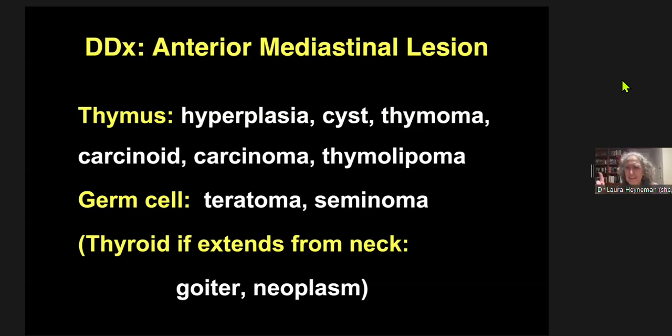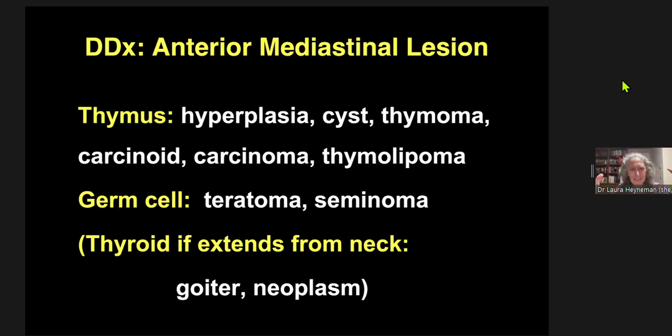I think just a little shout out. I think a lot of people think of the T's for the anterior mediastinal lesion differential. And in that T, it's sort of a mnemonic. People talk about thymoma and teratoma and thyroid.